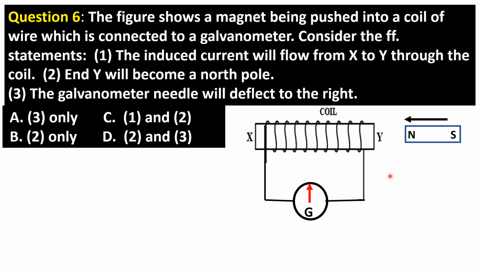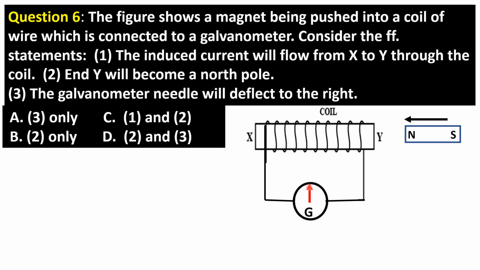What does that mean? Supposing we have here a bar magnet whose north pole is on the left side. If you move this bar magnet towards the coil of wire, there will be what we call an induced current in the wire, and such induced current can be indicated by how the needle of a galvanometer will behave.